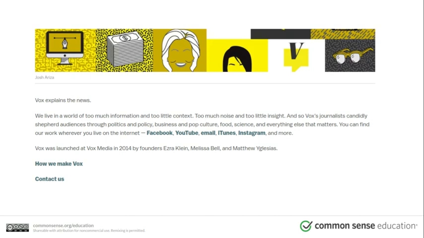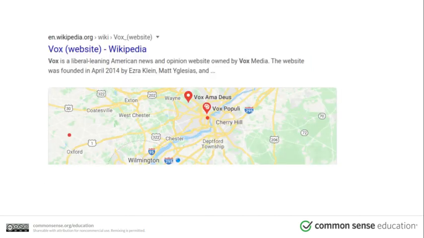And this gives a statement of information about the mission of the website. According to Wikipedia, Vox is a liberal-leaning American news and opinion website owned by Vox Media, and the website was founded in 2014. Again, all this information is lining up, and it shows that it is coordinated and has a history to it. So it could be legitimate.